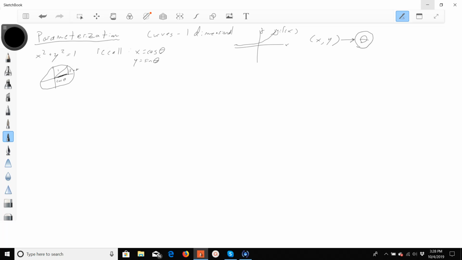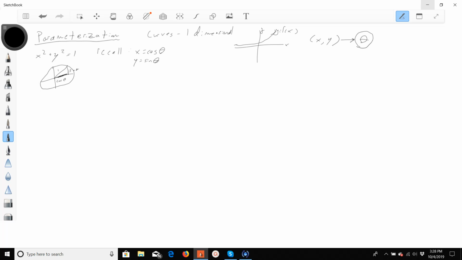So if I let x be cosine theta and I let y be sine theta, theta is going to range from 0 to 2 pi, so we trace out an entire circle.